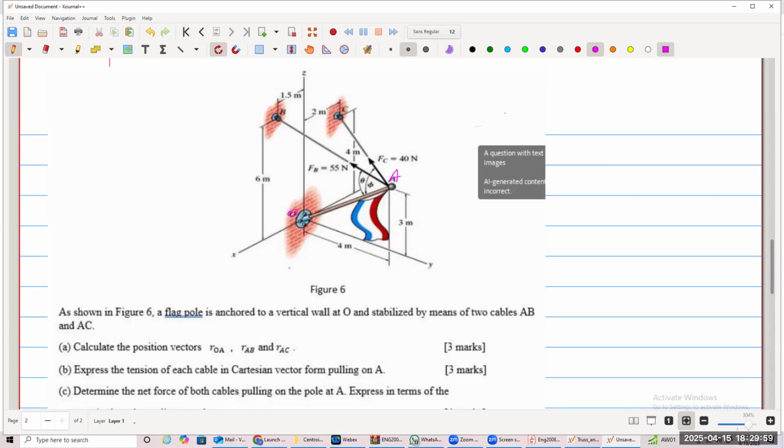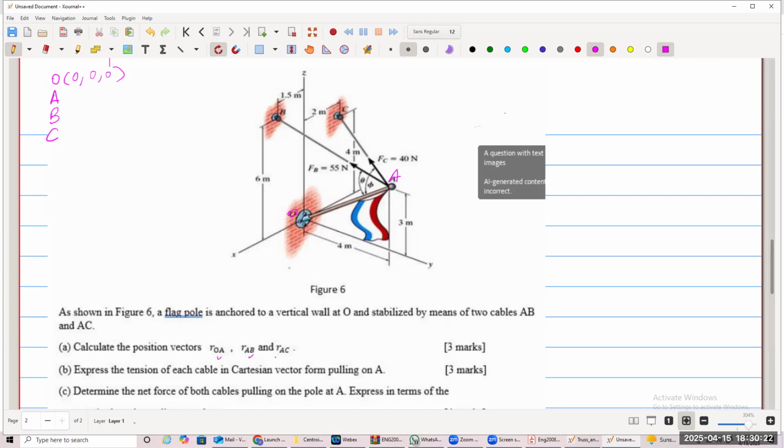We need to identify the points. We know O already, O is the origin, so all the points are 0, 0, 0. We need A, B, C, right? Typically, that's how you operate. You typically just identify those points first. It wanted us to just get the position vector. Everybody remember position vector?